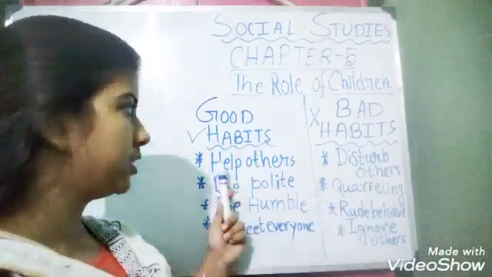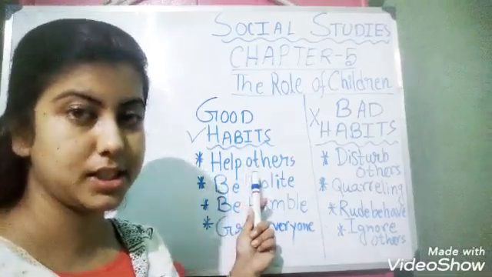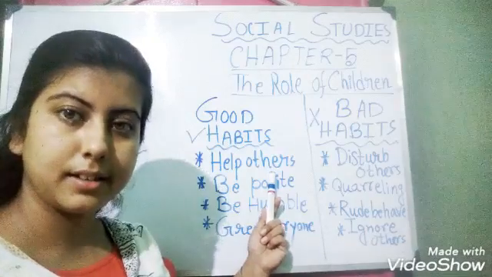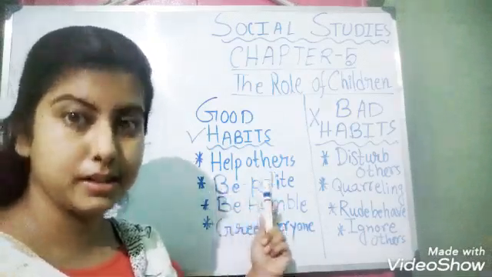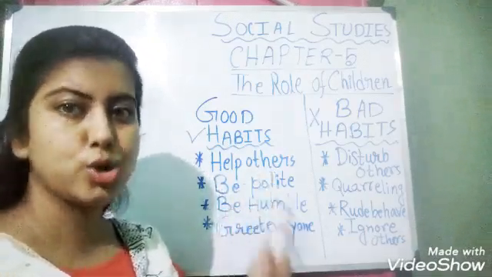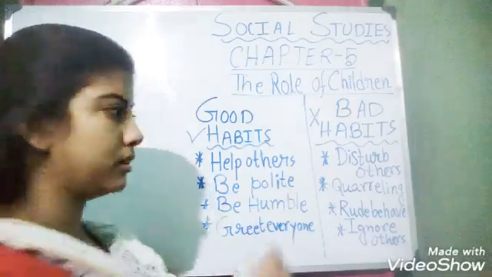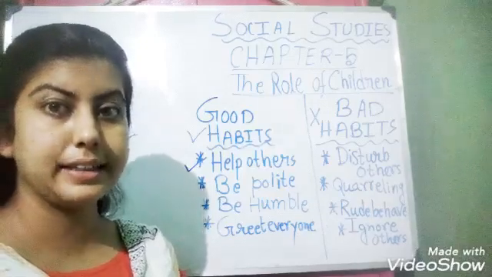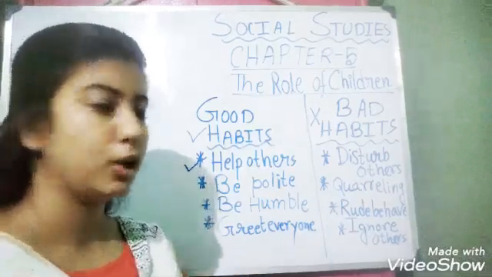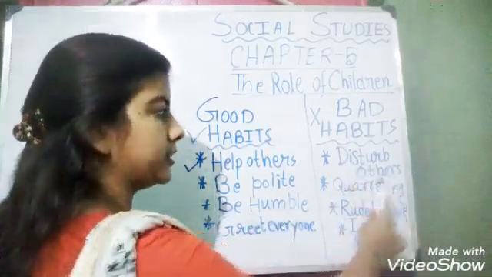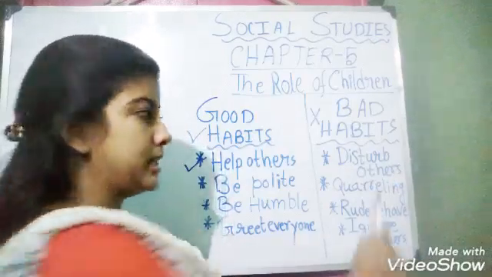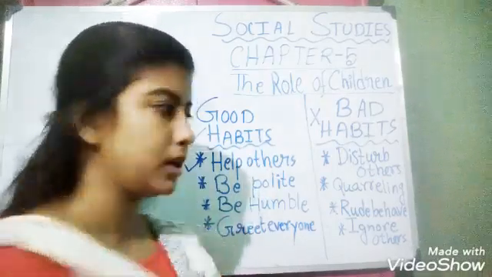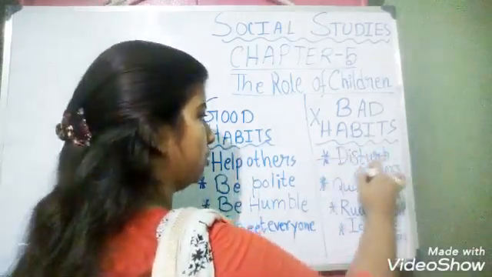Now, the first good habit is to help others. You should follow this habit. And the bad habit is to disturb others. Disturbing others is a bad habit. You should not follow this.